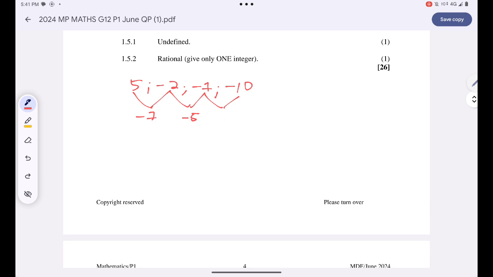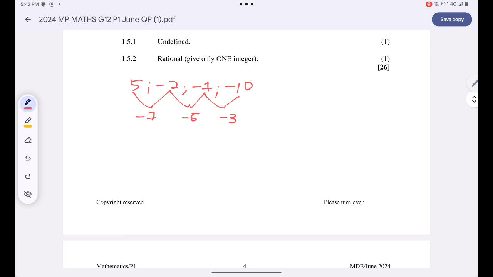And then -10 minus -7, that's just -3. So since the first difference is not common, I can conclude that this particular pattern is not an arithmetic number pattern.